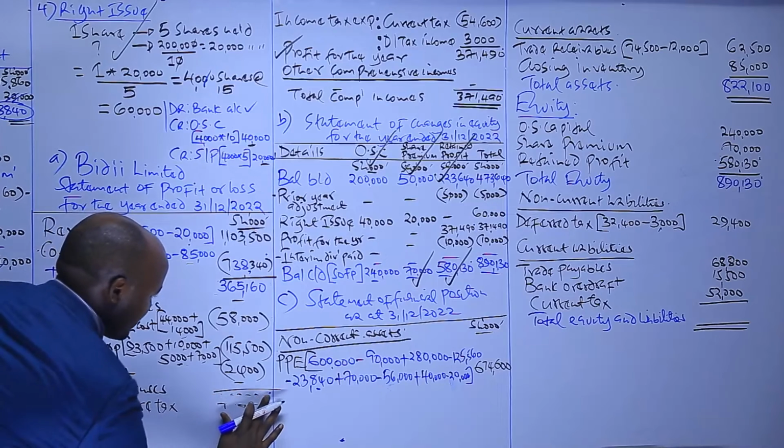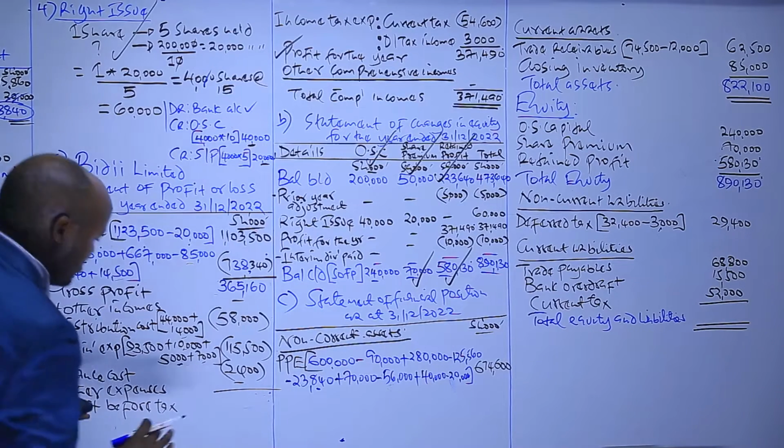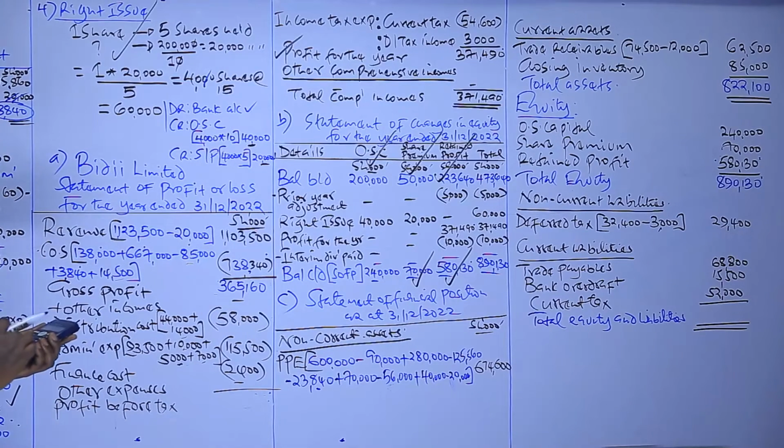Our profit before tax. So our profit before tax, we take 365,160 minus now the three expenses, 58,000 minus 115,500 minus 2,400.